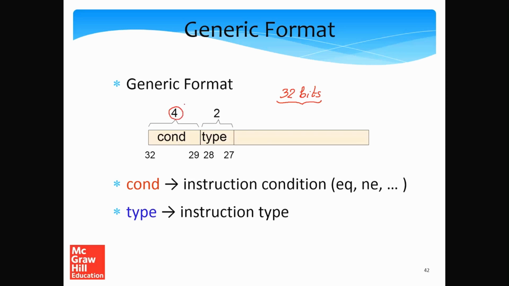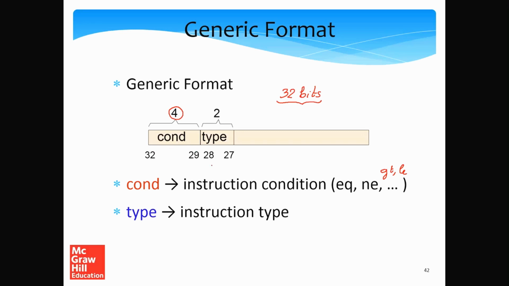We had talked about 14 condition codes in a previous slide, such as EQ, NE, GT, LE and so on. Since there are a total of 14 of them plus the AL condition code, which means always, so 15 of them, we need 4 bits to encode them. So the top 4 bits of the encoding encode the condition code.